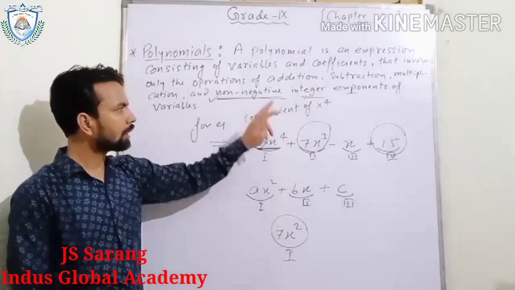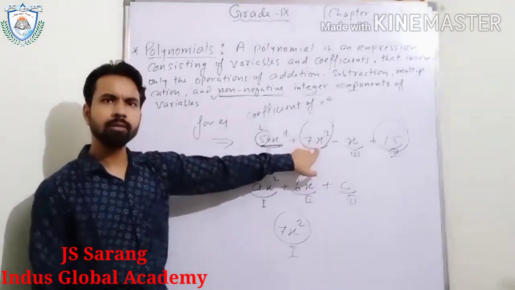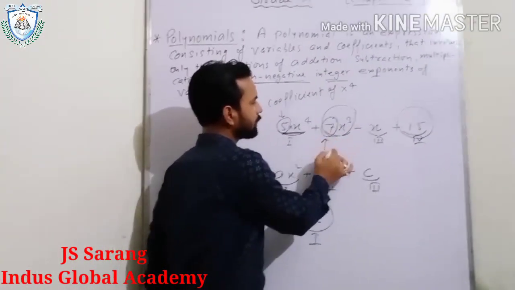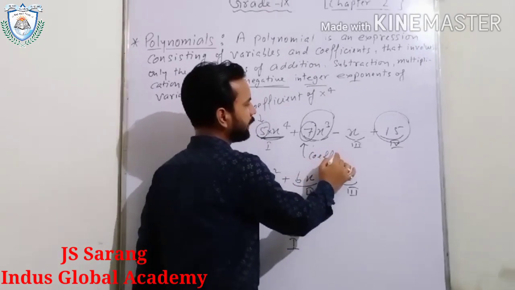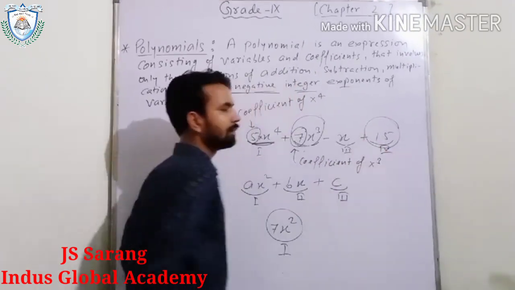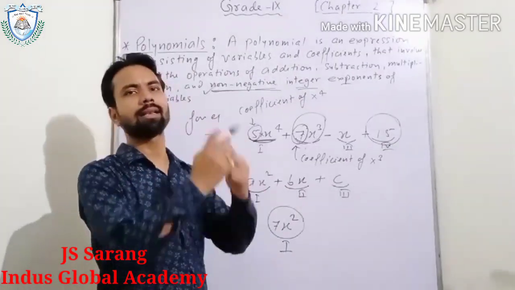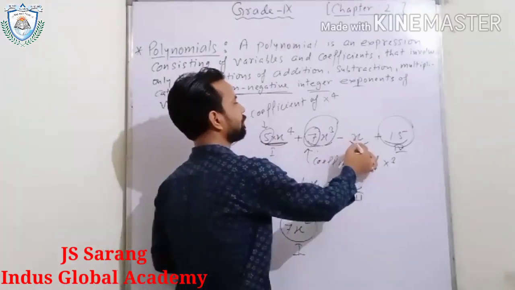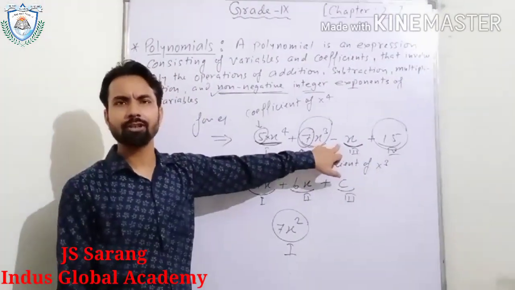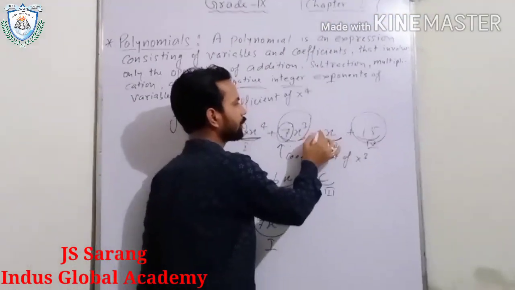Clear? What is the coefficient of x cube here? So x cube is present here. So it is multiplied by 7. So this is the coefficient of x to the power 3. If somebody asks you what is the coefficient of x, but x is this. But there is nothing here which is in multiplication of x. If nothing is there, then we can put 1, or not?